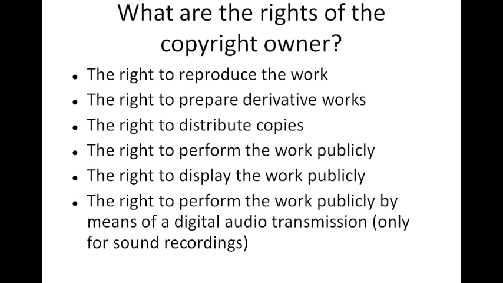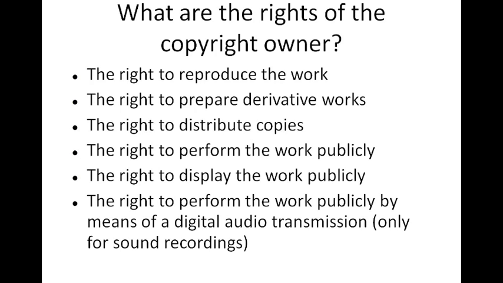Now, the copyright holder under law gets certain rights that they are able to do with their work. The first is the right to reproduce the work. The second is the right to prepare derivative works, and a derivative work is a work that's based on the original. The next is the right to distribute copies. Then there's the right to perform the work publicly, and then the next major one is the right to display the work publicly.